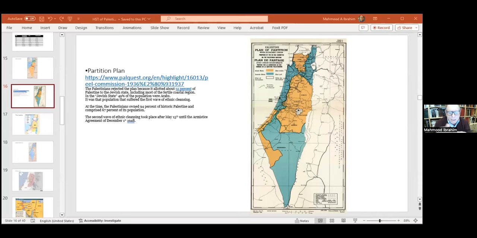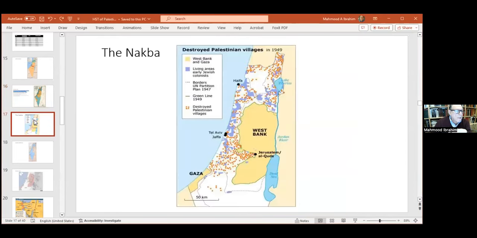The West Bank that became part, let's see, and let me go over the Nakba again a little bit, because it's very important to realize that that's when these villages that you see here as brown dots were totally destroyed.